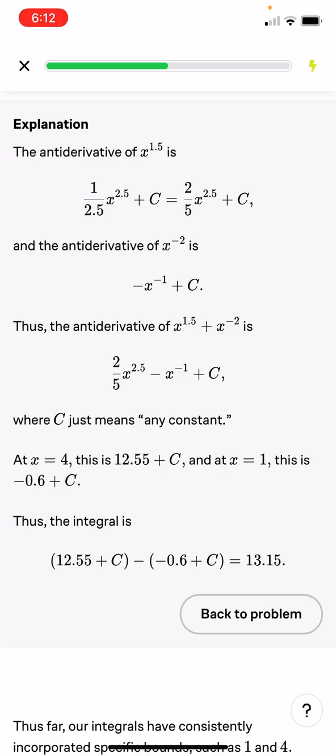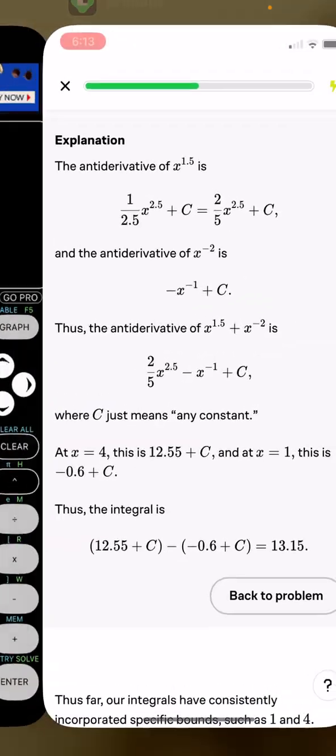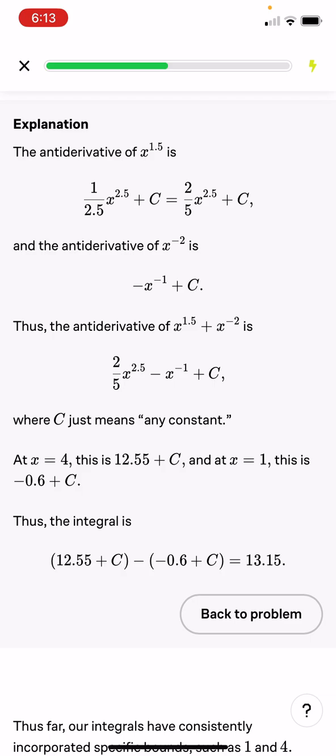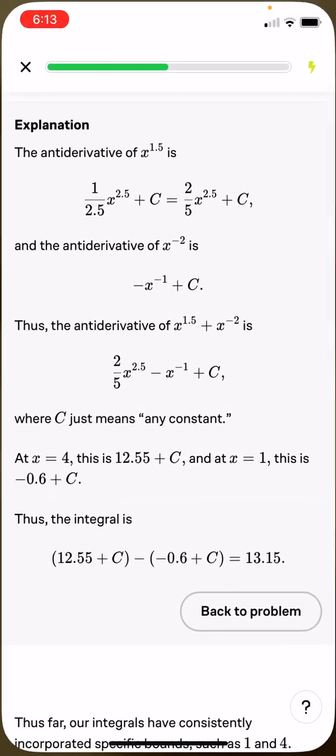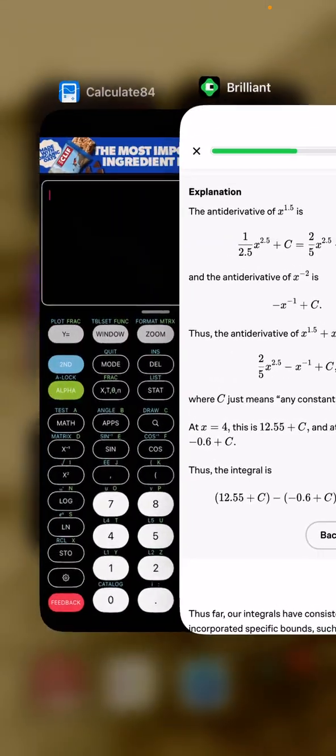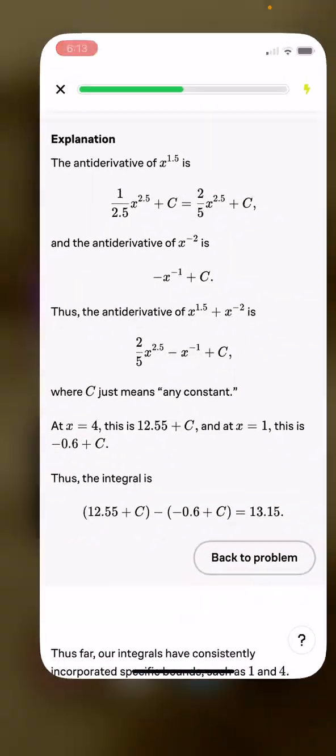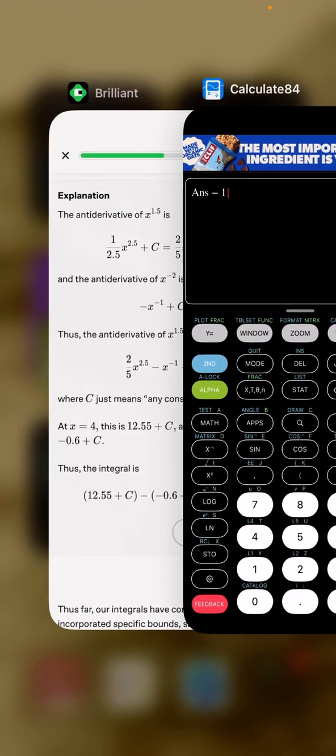I'm still confused about this. Wait, let me see this.